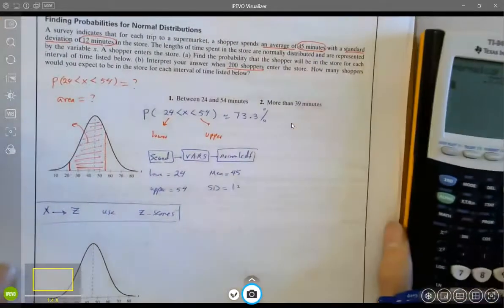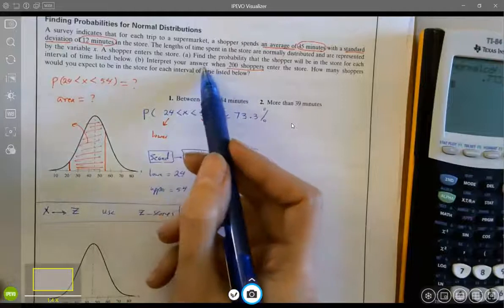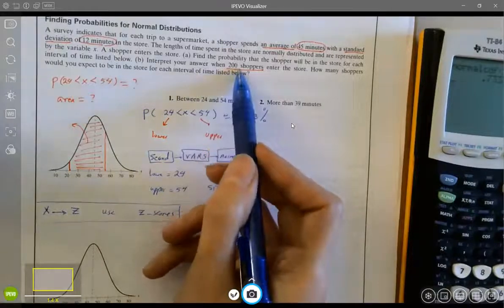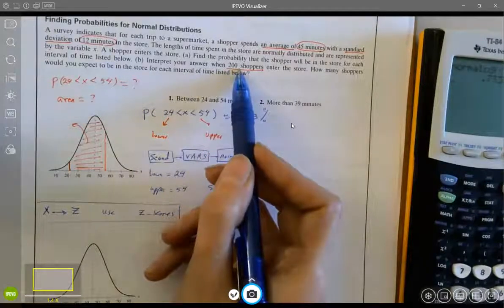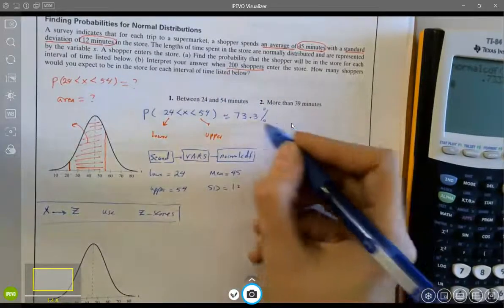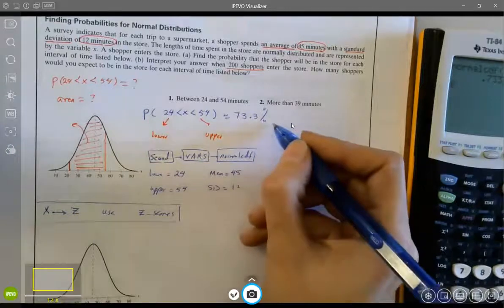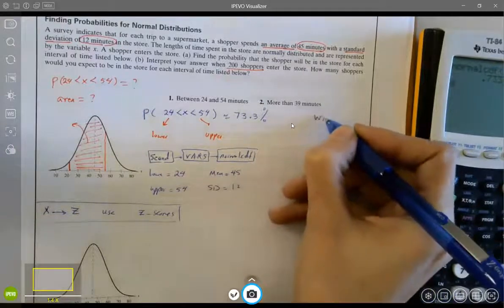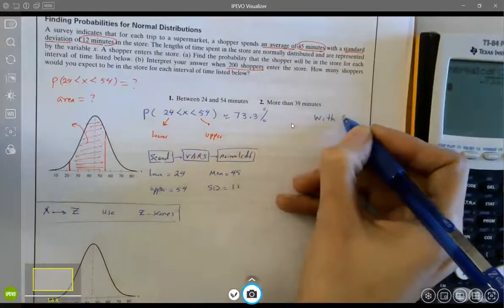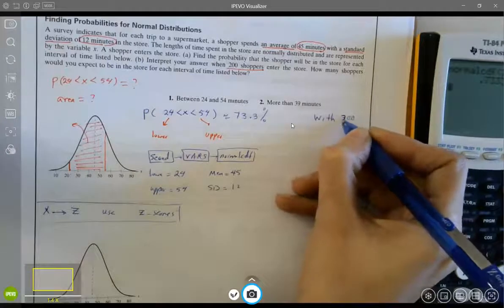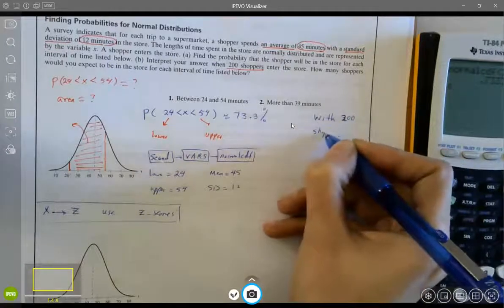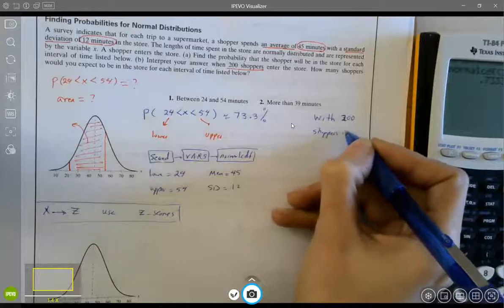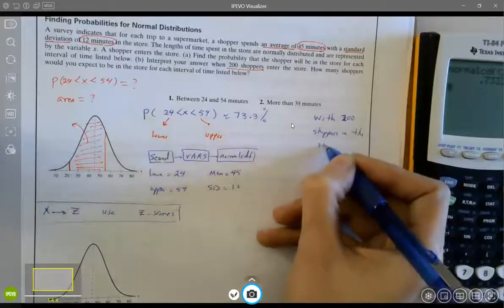Well, part B of the question says, what if you have 200 shoppers all at the same time in the store? We know that the probability is 73.3% with 200 shoppers in the store.